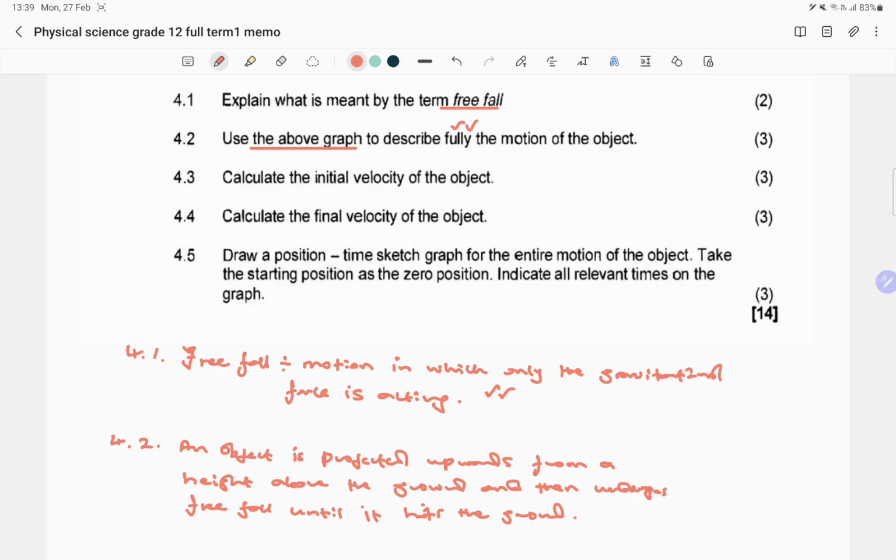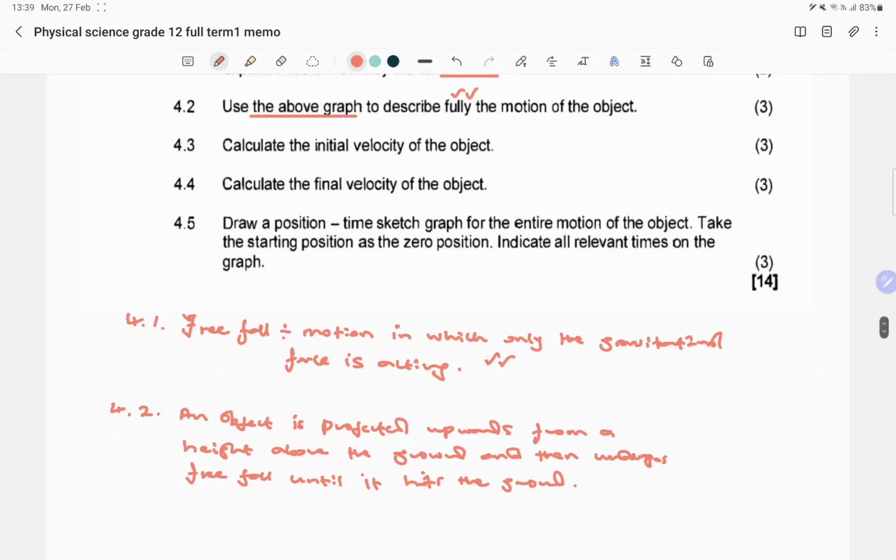Remember, we don't know the exact situation, but this fits into the picture that we are given. So you always are going to make an approximation.